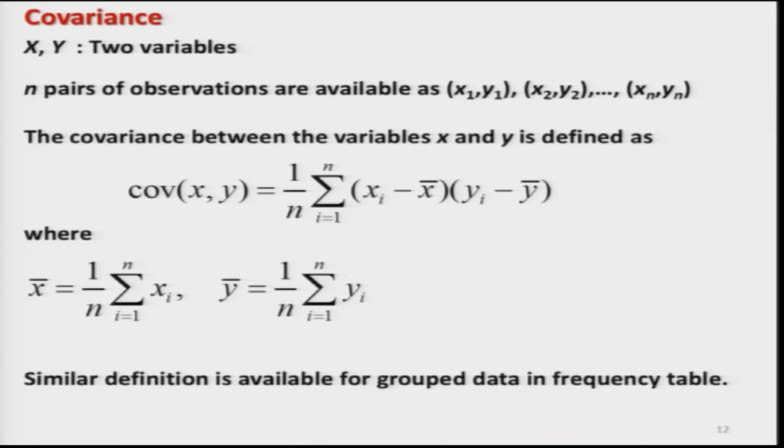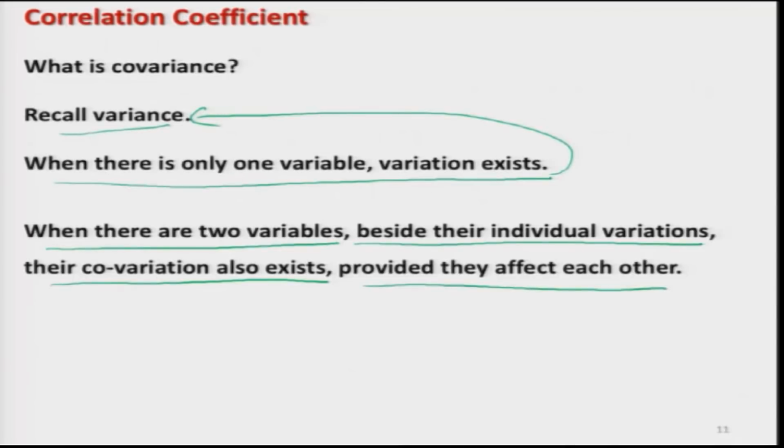Before going further, you may recall that we had defined the variance of a variable x as 1 upon n, summation i goes from 1 to n, xi minus x bar whole square.